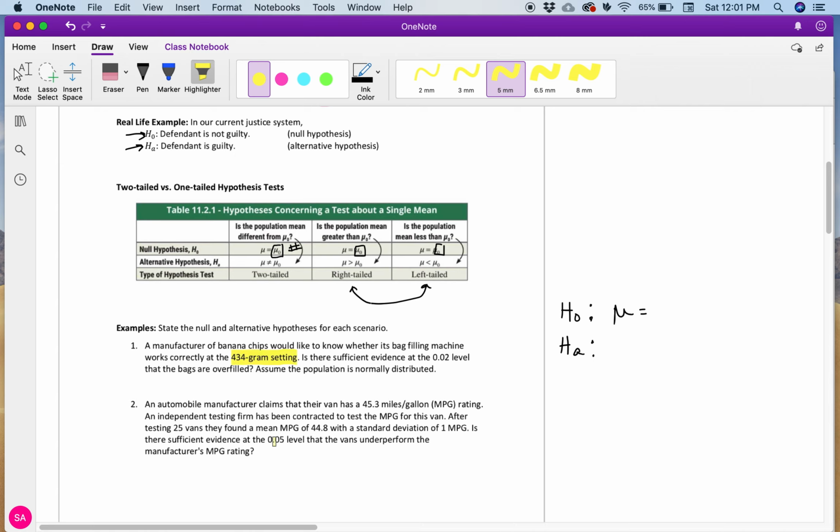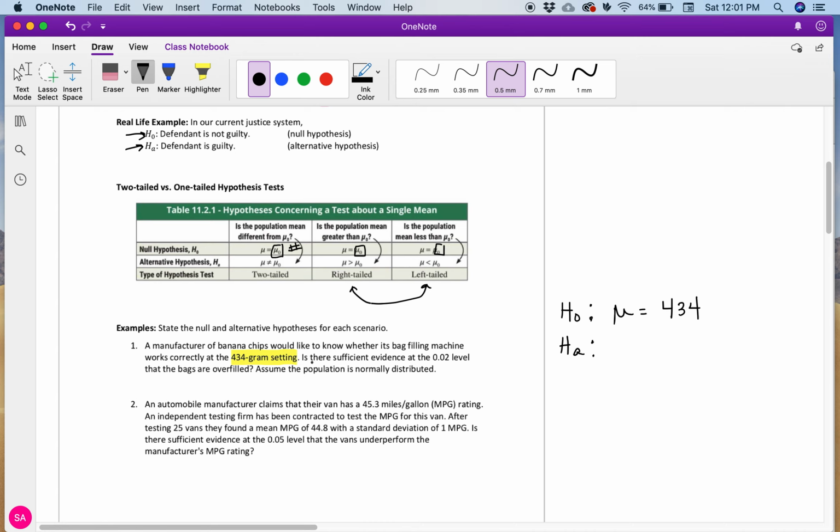So it sounds like they made this machine to work at that setting, 434. That's what we are assuming to be true, that the mean is 434. Once all those bags are filled, on average, each bag is filled with about 434 grams.